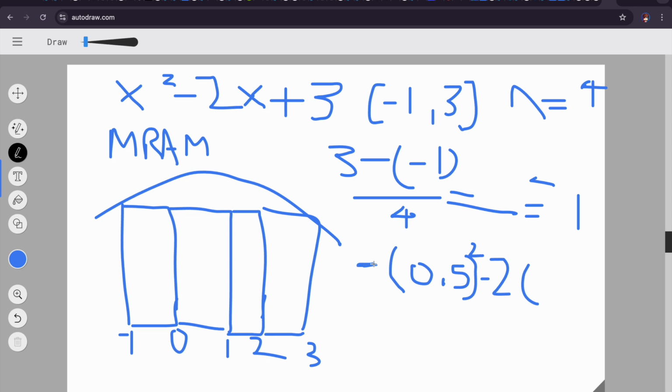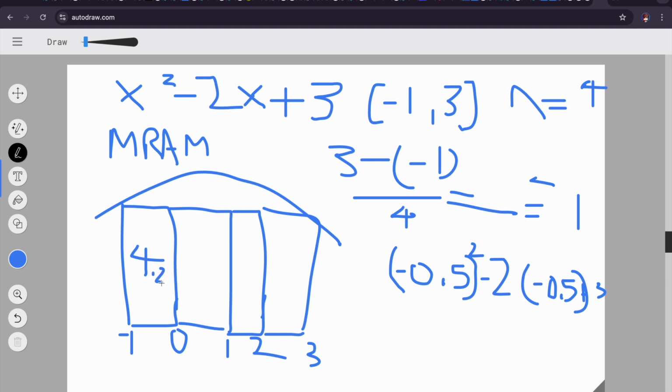Oh, excuse me, this is supposed to be negative. Two times -0.5. The result of this is 4.25.